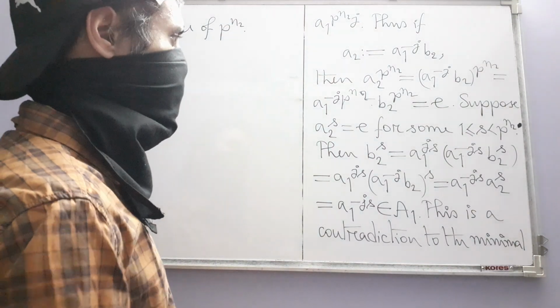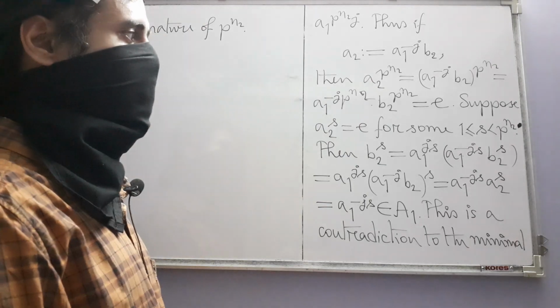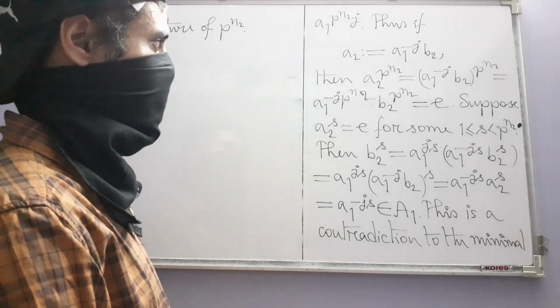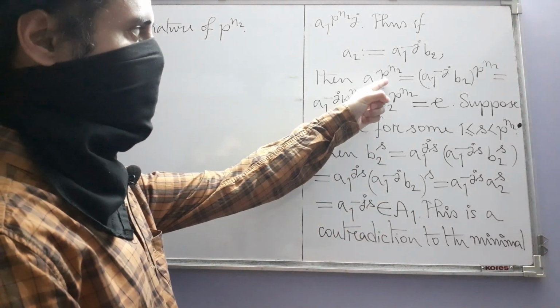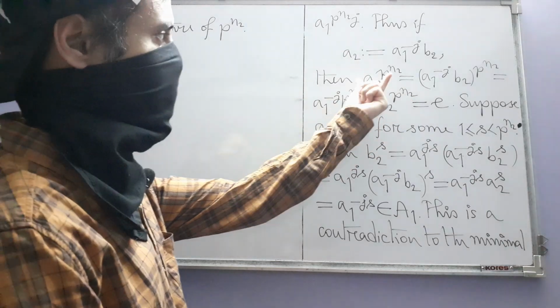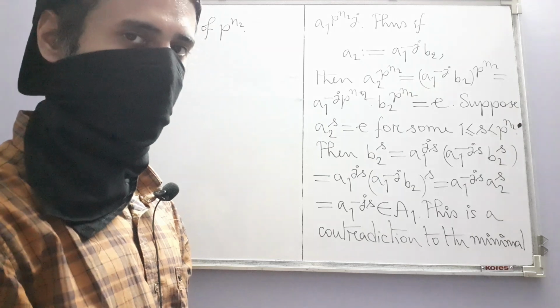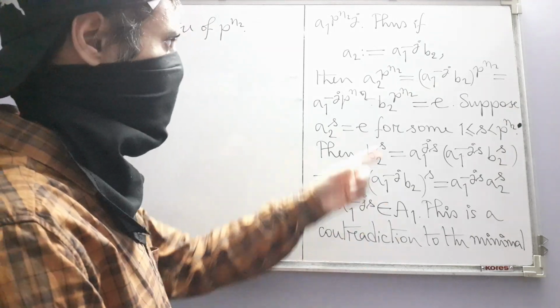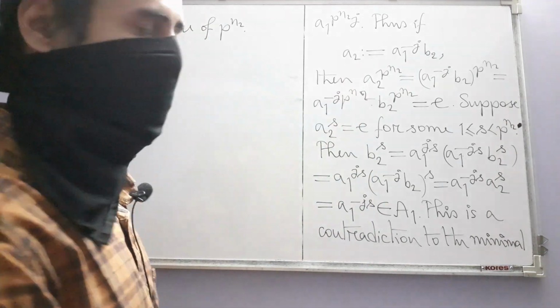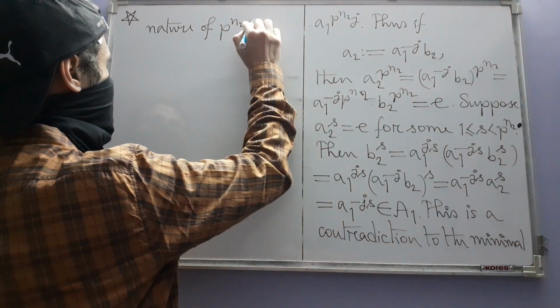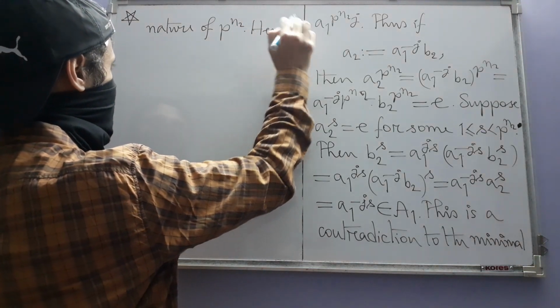And that is why no such s exists, or in other words, p to the power n2 is the smallest positive integer for which the corresponding power of a2 is equal to e. But then by definition of order, the order of a2 is equal to p to the power n2.